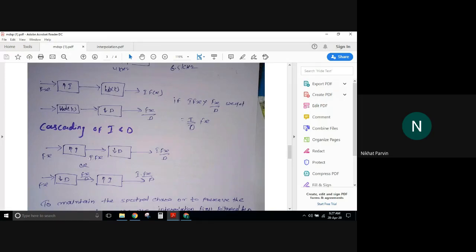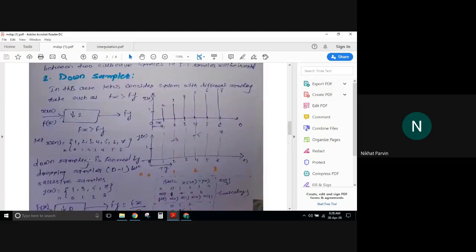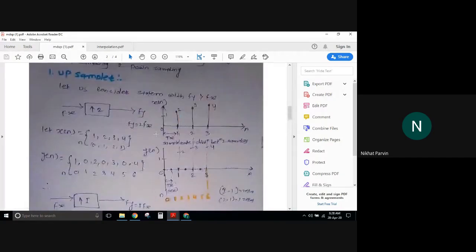When we are doing interpolation, if you remember, you are doing upsampling. What do you mean by upsampling here? You are inserting zeros into it, right? How many zeros are you going to insert?